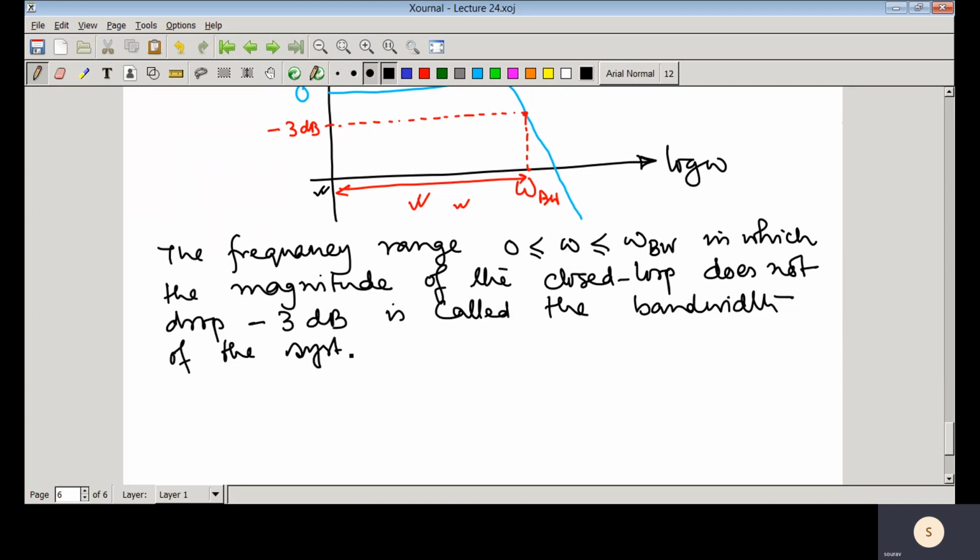So bandwidth of the system means it is the range of frequency up to which the gain is above -3 dB.